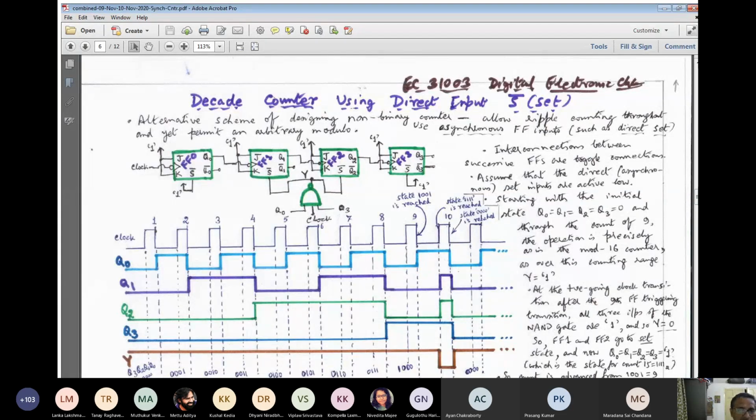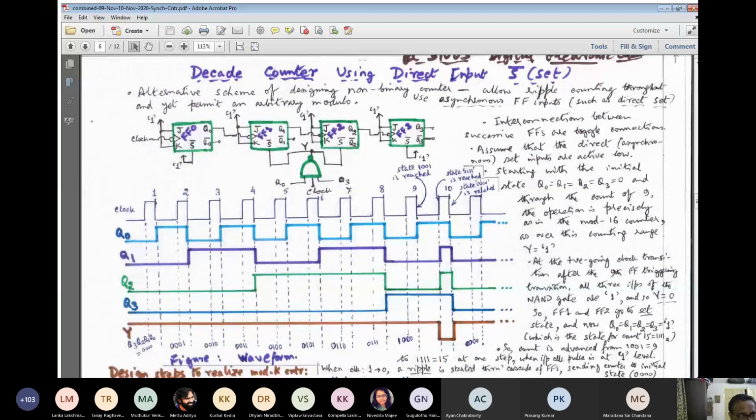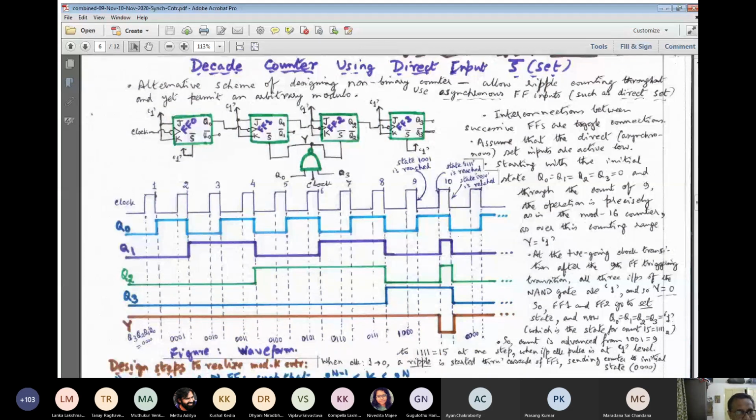We use the asynchronous flip-flop inputs, namely the direct set. Here we choose to design a modulo 10 or decade counter. So we require an external gate, here a 3 input NAND gate. And why the fan-in is 3, that we are now going to discuss.